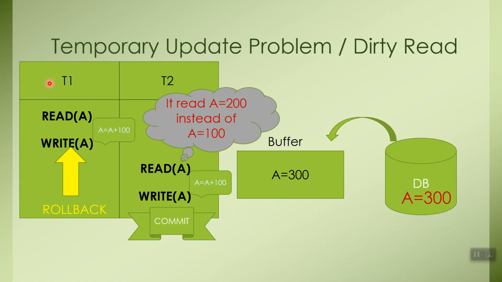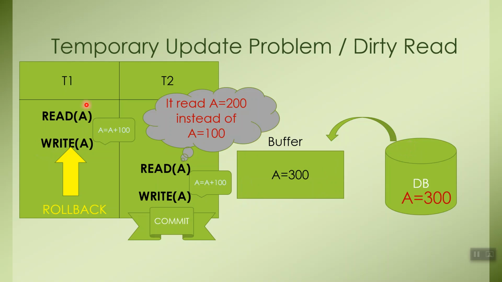Because it has copied the value of A as 200 from the result of the transaction T1. Now before this read A statement, was this T1 transaction completed, or had T1 executed the commit statement? No, it has not executed the commit statement. So all the changes made by T1 were present in the buffer. They were not saved into the database.